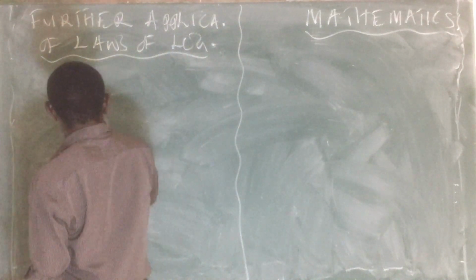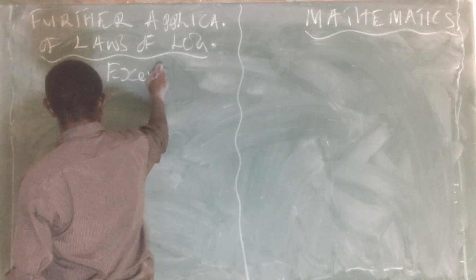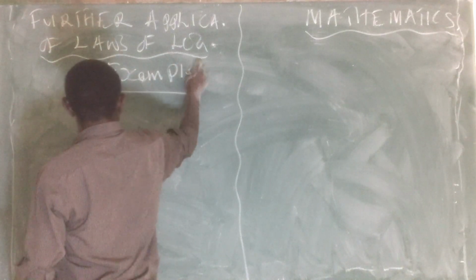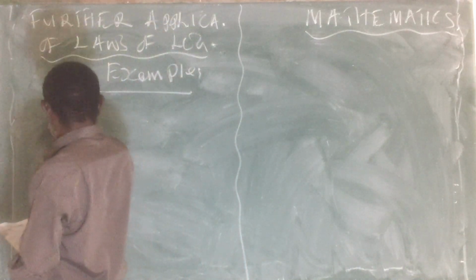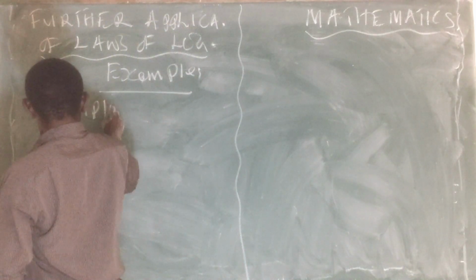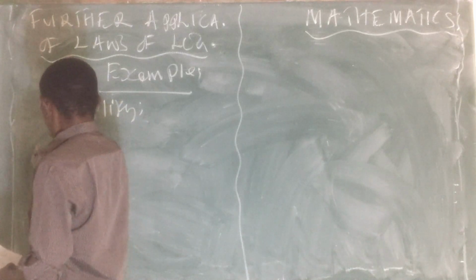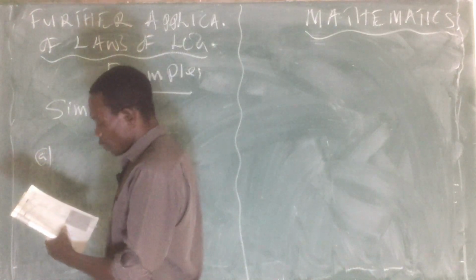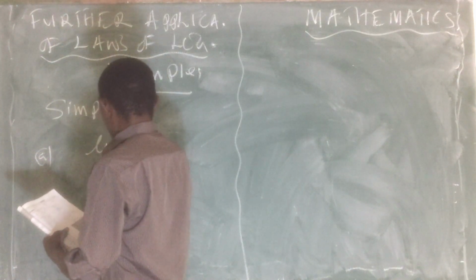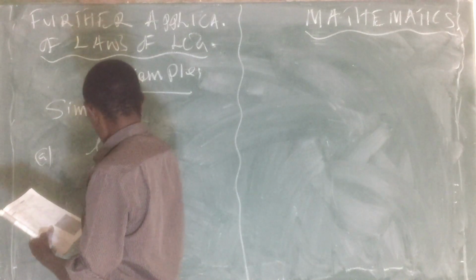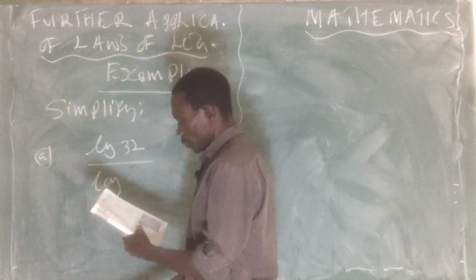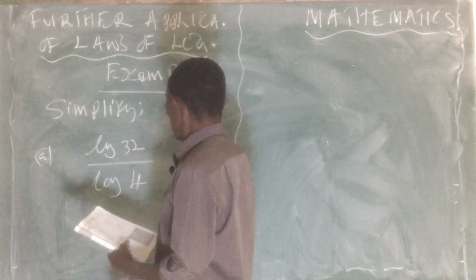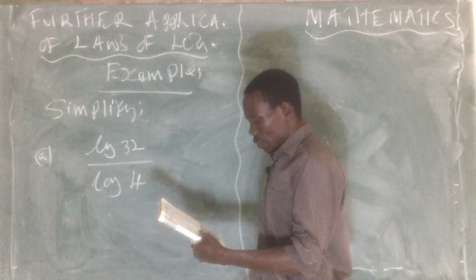Right, so here I have got some examples where we are asked to simplify, of course. First one, we need to simplify log of 32 over log of 4.